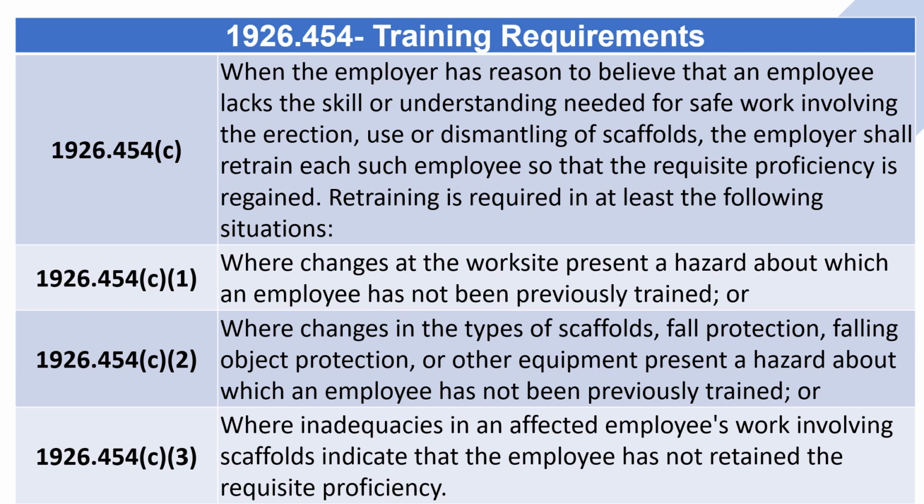Where changes at the worksite present a hazard about which an employee has not been previously trained, or where changes in the types of scaffolds, fall protection, falling object protection, or other equipment present a hazard about which an employee has not been previously trained, or where inadequacies in an affected employee's work involving scaffolds indicate that the employee has not retained the requisite proficiency.